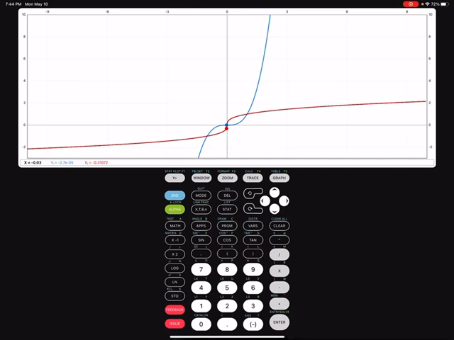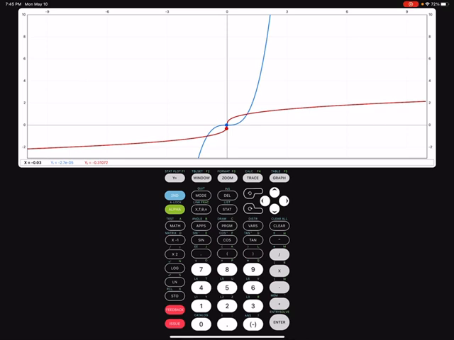If you can see, the first one I put in was y equals x to the third, and on my screen, that's the blue. And then y equals cube root of x is the red. So do you see how they look very similar? They're just in different places on the axis.